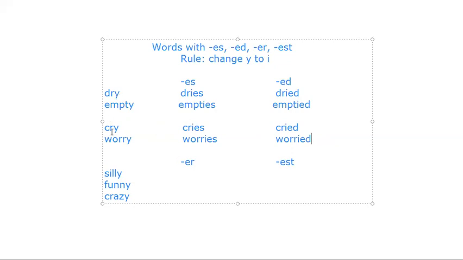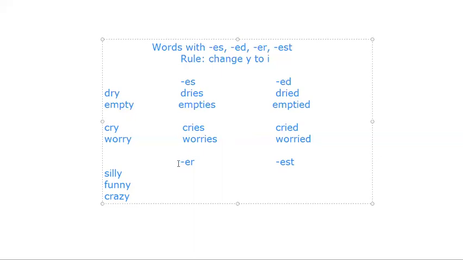So for all of these words right here, here are our base words. And before I put their endings, I made sure because they ended with a y, I changed them all to an i. And I did that for our es, something that's happening now, and for ed, remember, it was something that happened in the past, we add ed.